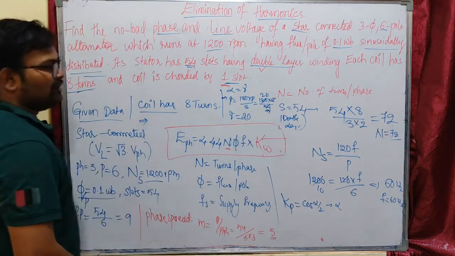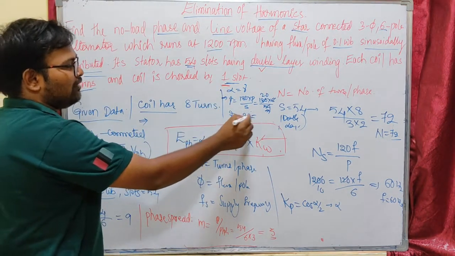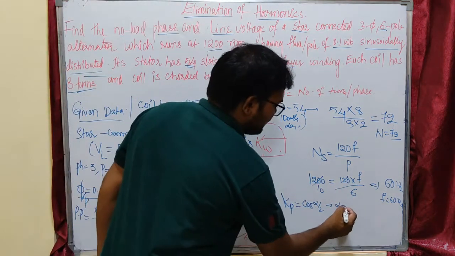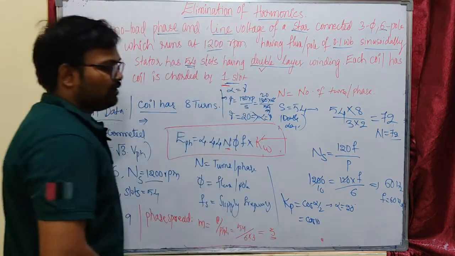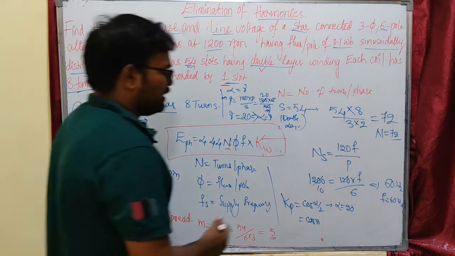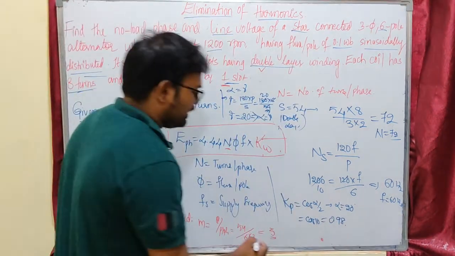Gamma is 20 degrees. So alpha is 20 degrees here. Kp will be cos of 20 by 2, that is 10 degrees, so Kp is 0.98. These are the values. Now we have to find Kd also.